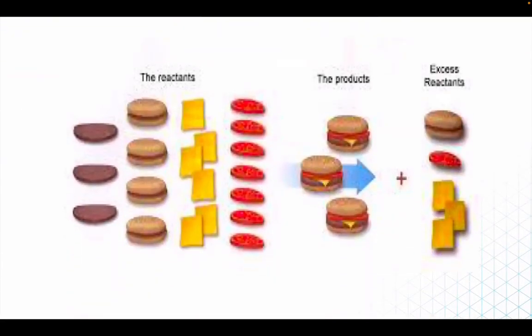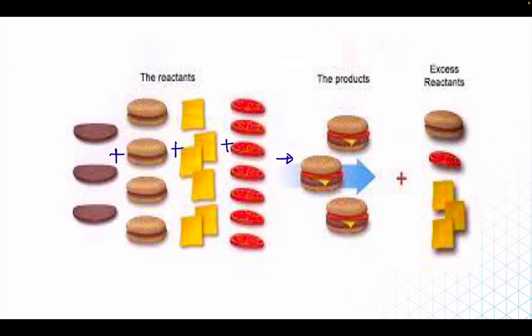So, a kind of silly analogy: this would be like a chemical reaction where the patty, plus the buns, plus the cheese, plus the tomato gives you the sandwich or the burger.